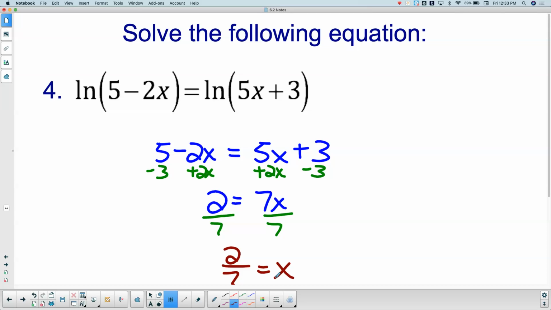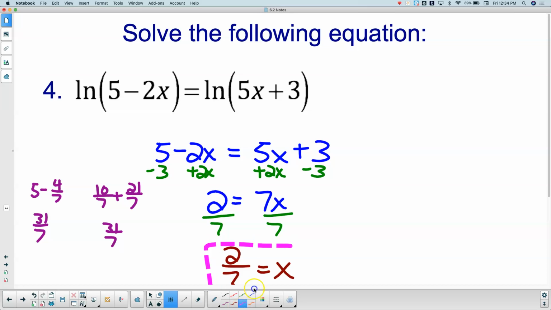Why would we plug it in a calculator? So that's 31/7. And then we got 10/7 plus 21/7 is 31/7. Well, it is. Because 5 is 35/7. 3 is 21/7.